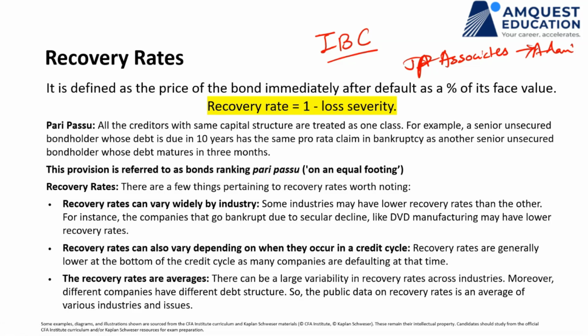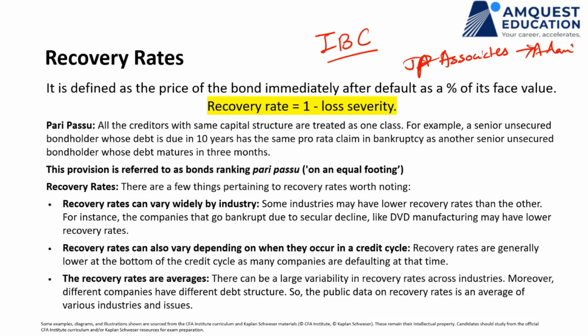So there comes a term called pari passu. Pari passu means equal rights. If I say all of us have shares in a company and those shares have pari passu rights, it means your and my rights and preferences are the same. There's no difference between your rights and my rights to that extent. So all the creditors with the same capital structure are treated as one class.